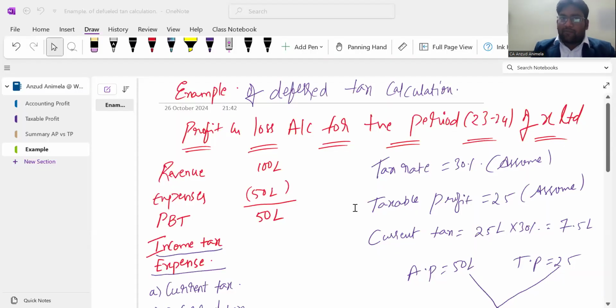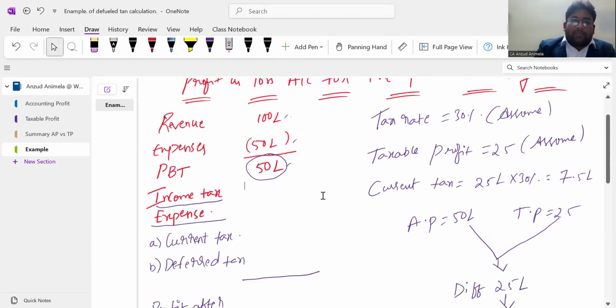Let me share the screen to see how we have to calculate the deferred taxes. Let's take an imaginary company X Limited for the period 23-24. Revenues are 100 lakhs, expenses are 50 lakhs, profit before tax is 50 lakhs. This profit before tax is also called accounting profit or accounting income.